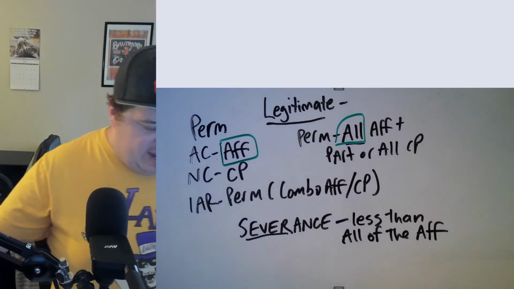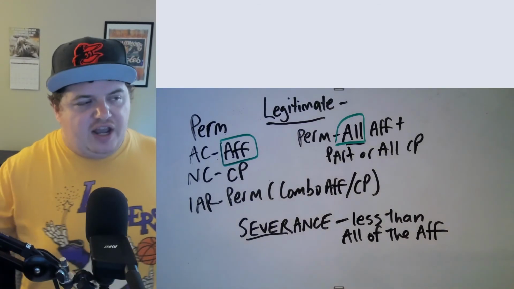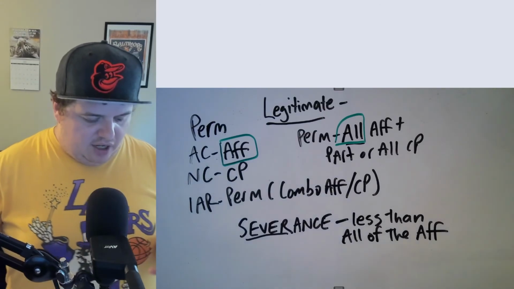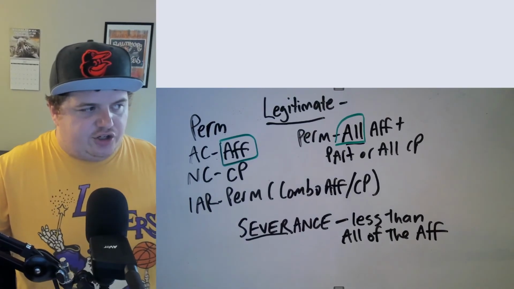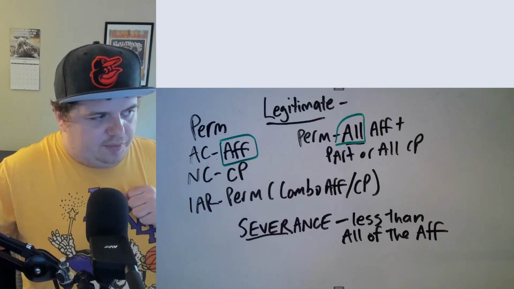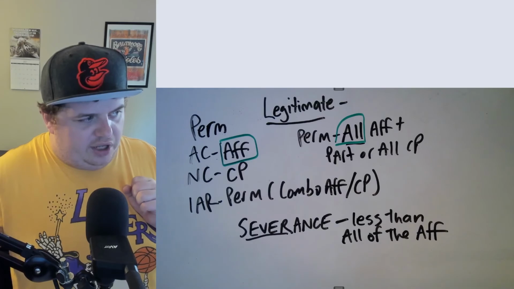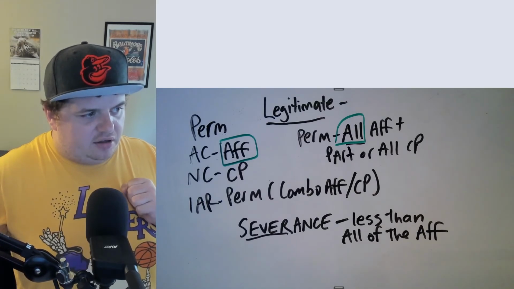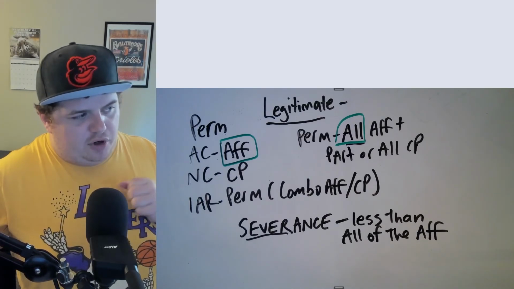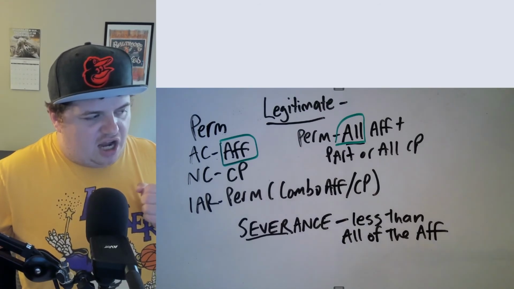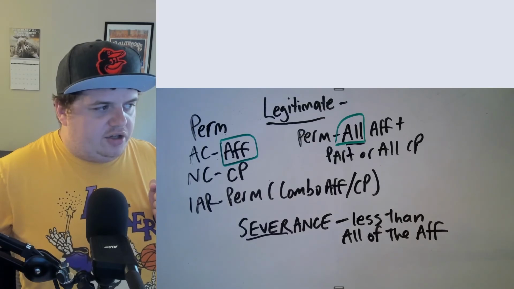Now, if I had an affirmative that said Scott should go to Germany, and the counterplan said Scott should go to Switzerland, Poland, and Finland, I could say permutation: Scott should go to Germany and Finland. Permutation: Scott should go to Poland and Germany.